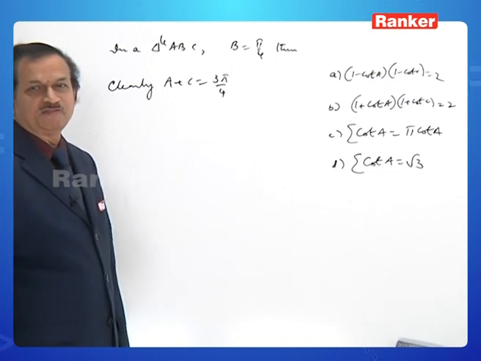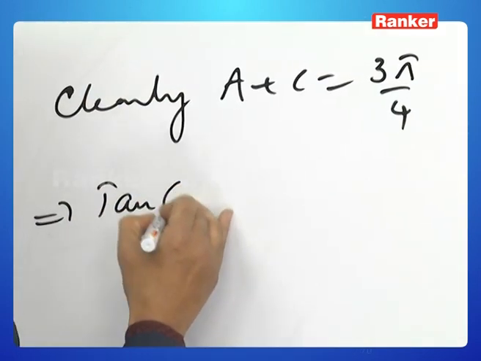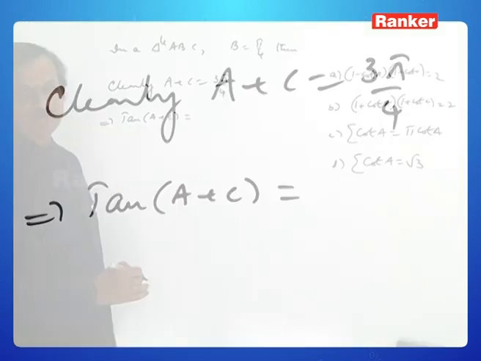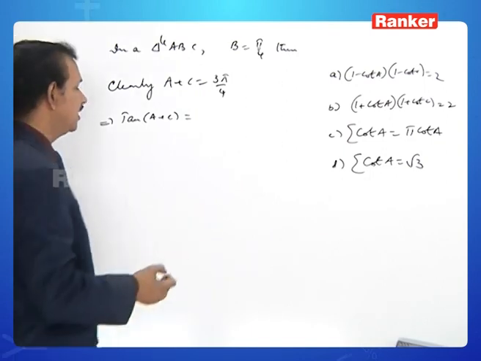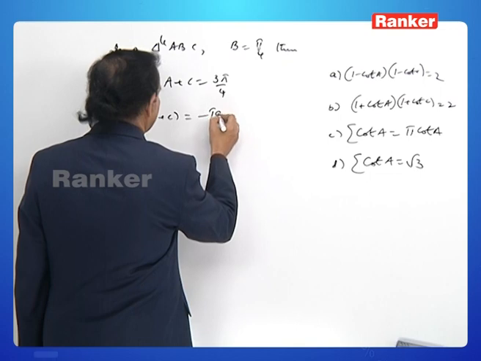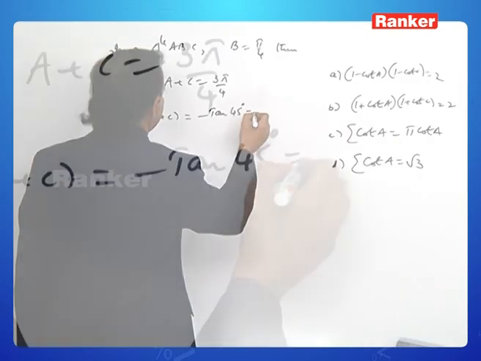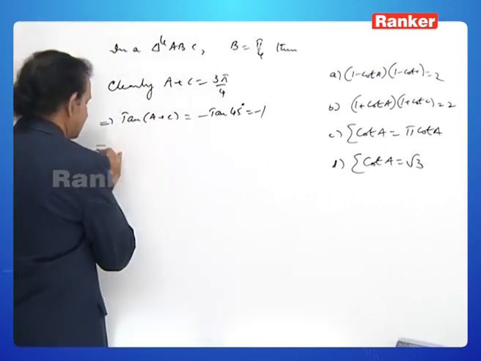Hence, you consider tan of A plus C. What is tan 3 pi by 4? Tan 135 degrees, that is tan of 180 minus 45 degrees, that is minus tan 45 degrees, hence it is minus 1.